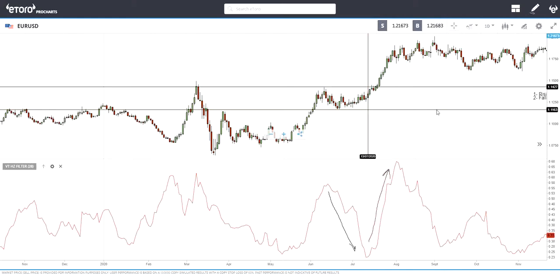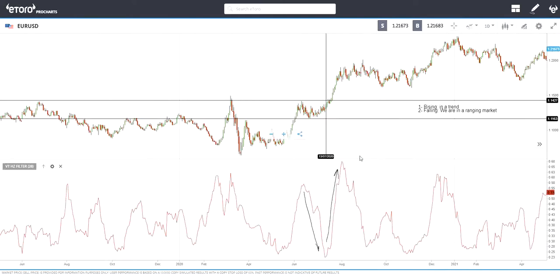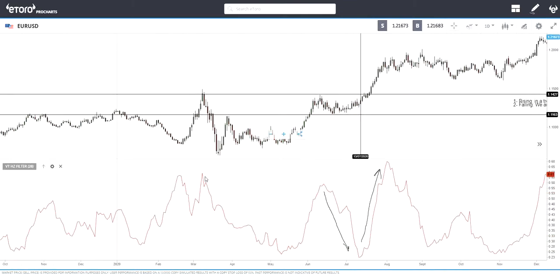Sometimes it's a bit hard to just interpret this indicator, especially when the market is more volatile. So for example, here you would say, oh, okay, from here it says the indicator goes down, but it looks like we are in a downtrend here.